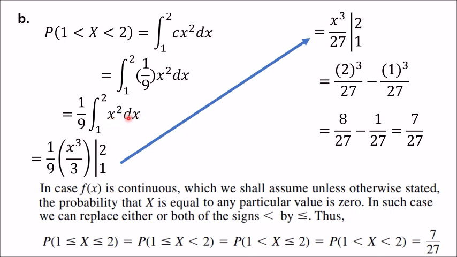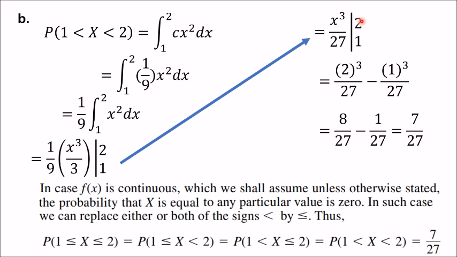Then we integrate this x squared. The integral is x cubed over 3. We already solved that earlier and it is a repeat, but we need to show it since it is written there. Then simplify: this becomes x cubed over 9 times 3, which is 27. So x cubed over 27 evaluated from 1 to 2.